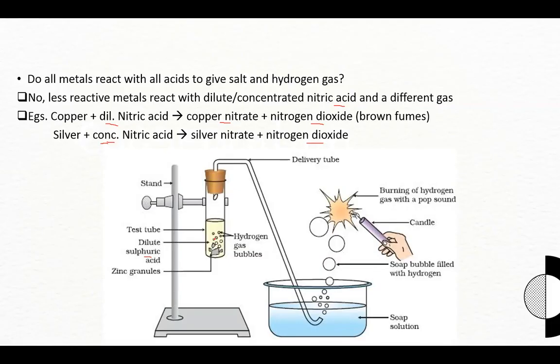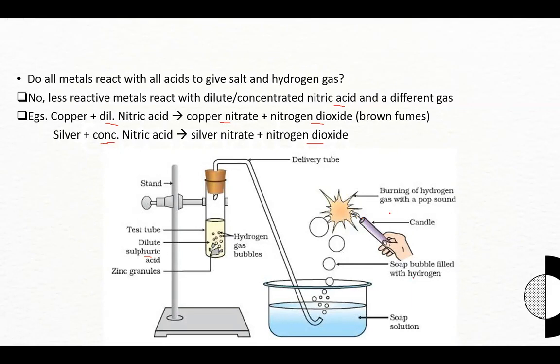But to make sure that there's hydrogen gas being produced, this is why you have the second setup here. You have the soap solution where that gas is going to be bubbled through, and the bubbles are going to be filled with hydrogen gas, right? And you have the candle here, which is going to be lit.